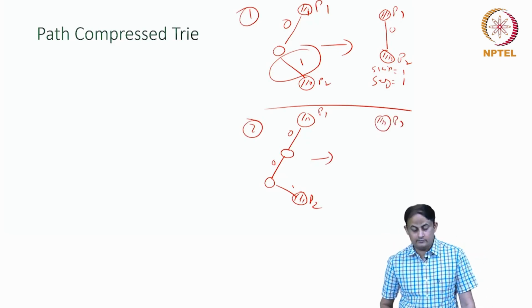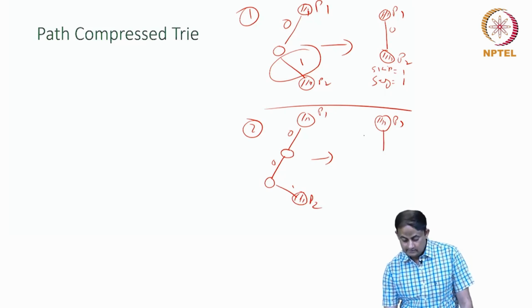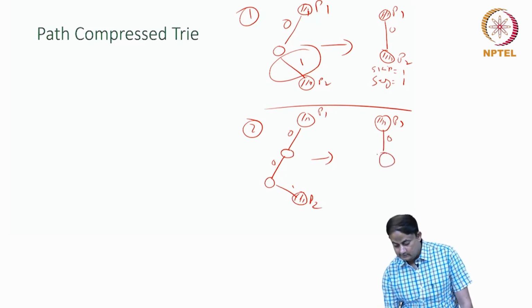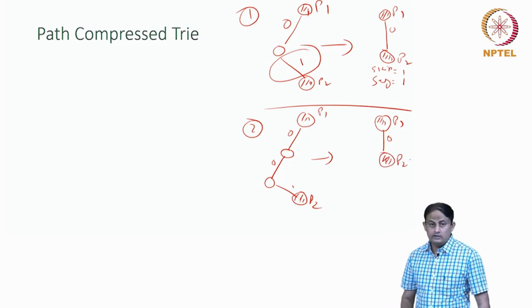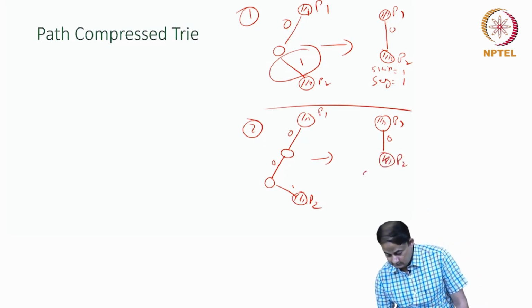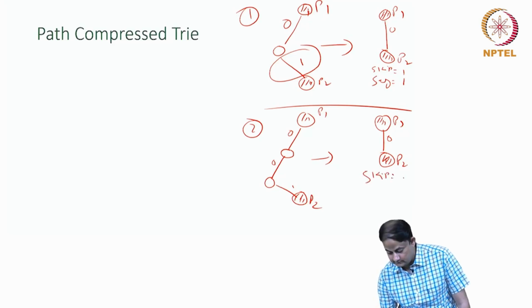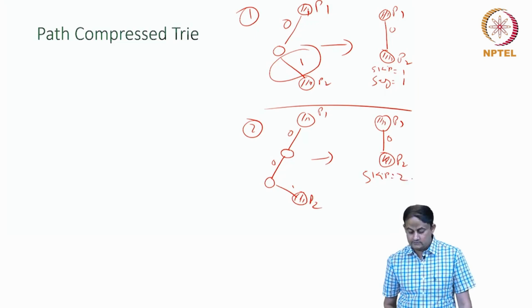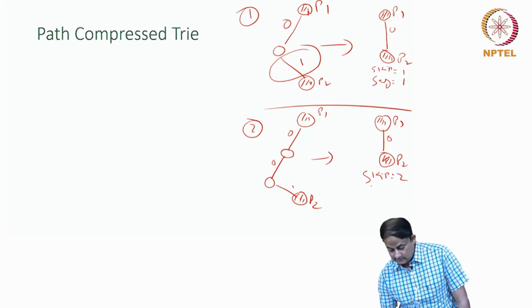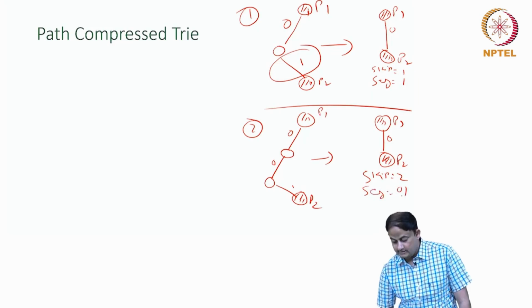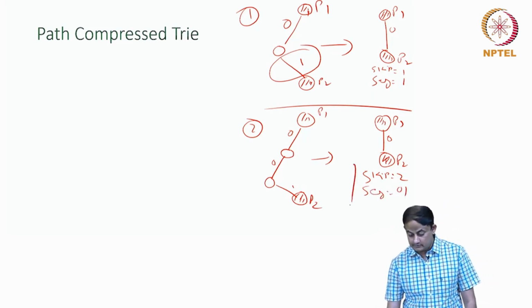So, this is my prefix P1, and then I retain this node and make this node represent P2, and here again with the variable values. What is that? The skip length is 2, I skipped 2 bits, and the segment that I skipped is 0 followed by 1. So, I am going to remember this.